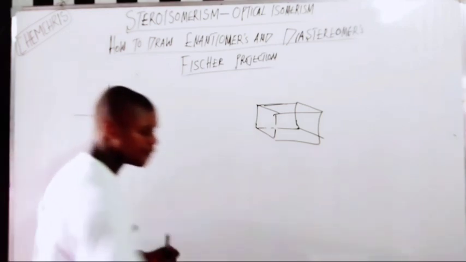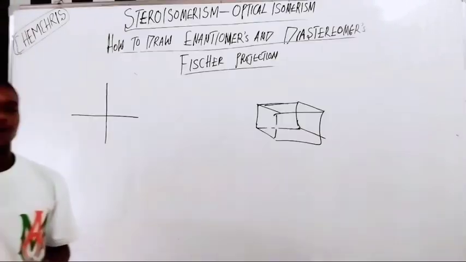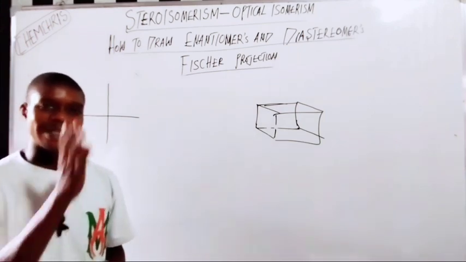You have to pay close attention here. The vertical and horizontal bonds represent different types of bonds.